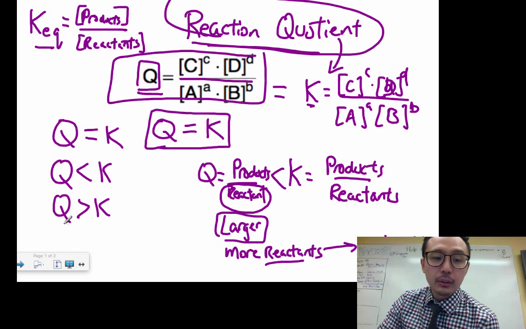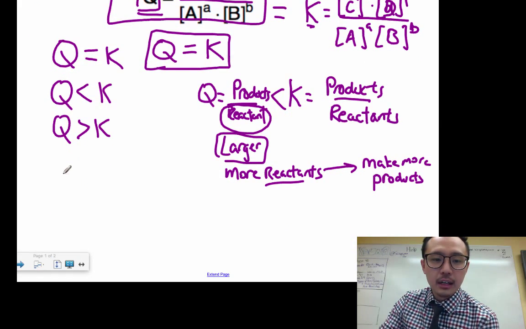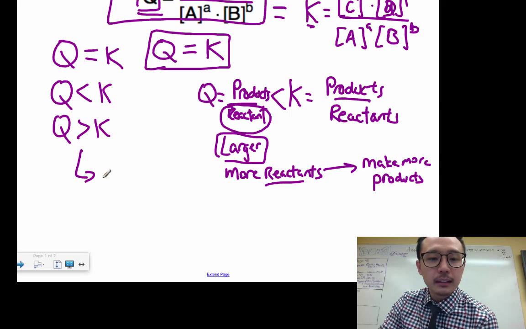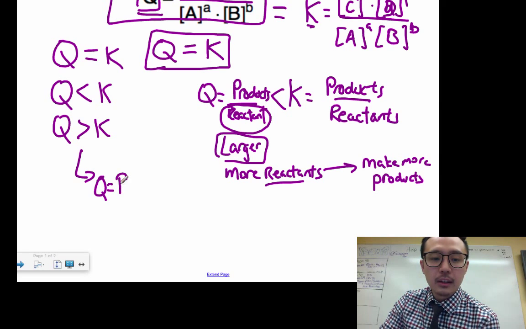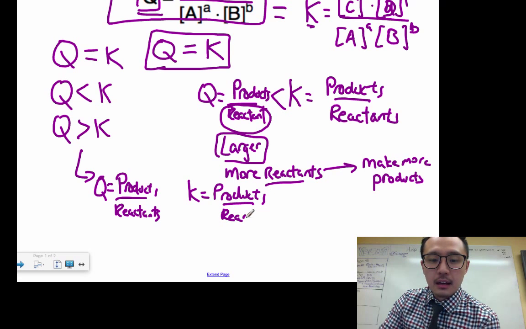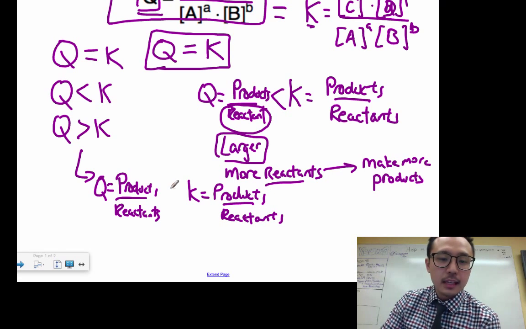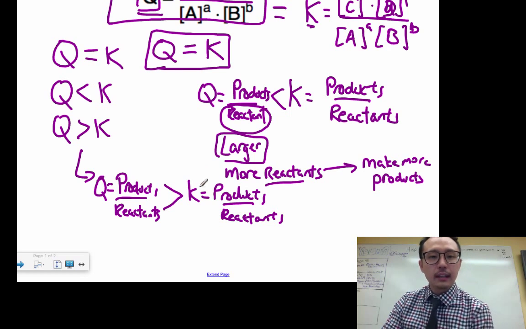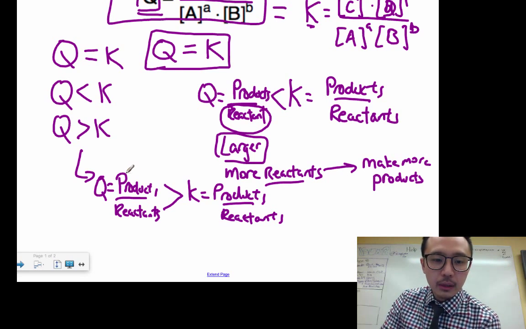What happens when your Q is greater than K then? How do we get that? Again, Q is your products over reactants, and K is also products over reactants. But now, because they're not the same, Q is actually greater than K. Well, how do you get that? In order for Q to be bigger than K, your products have to be bigger.